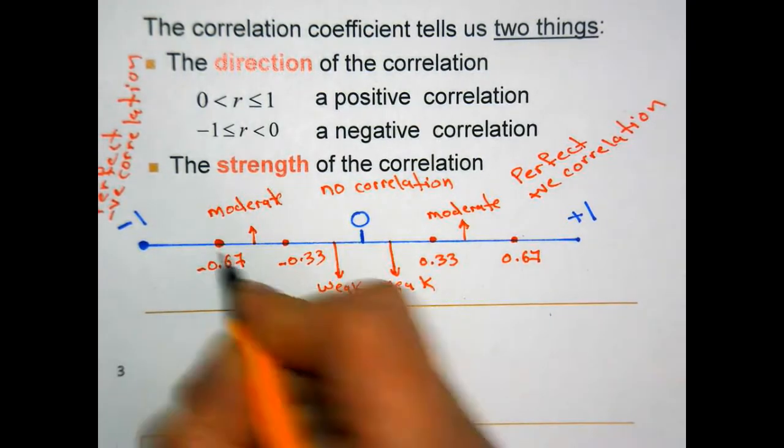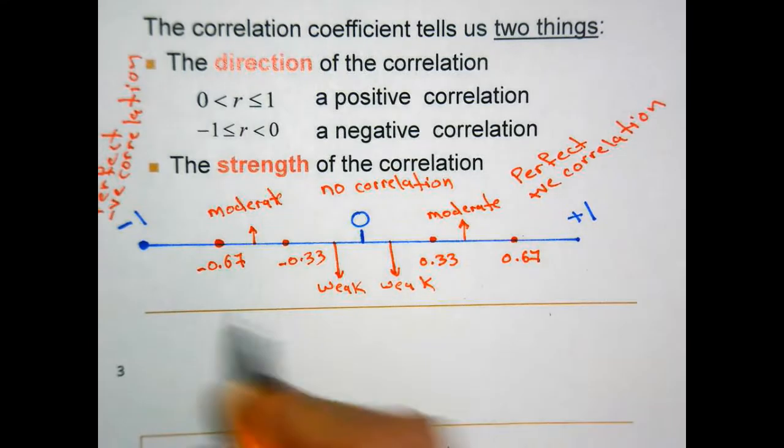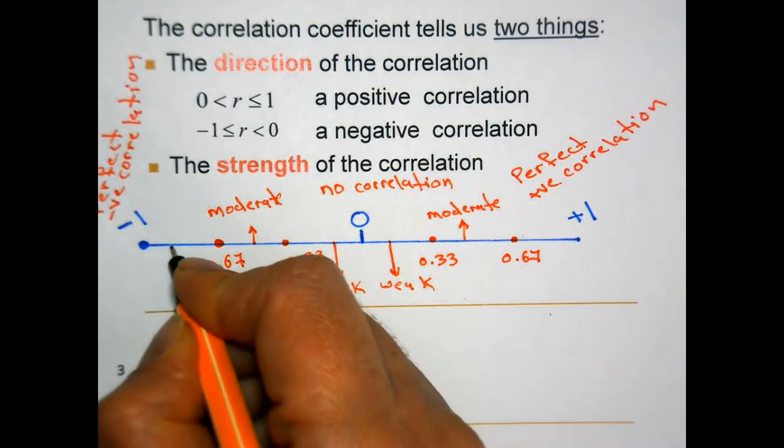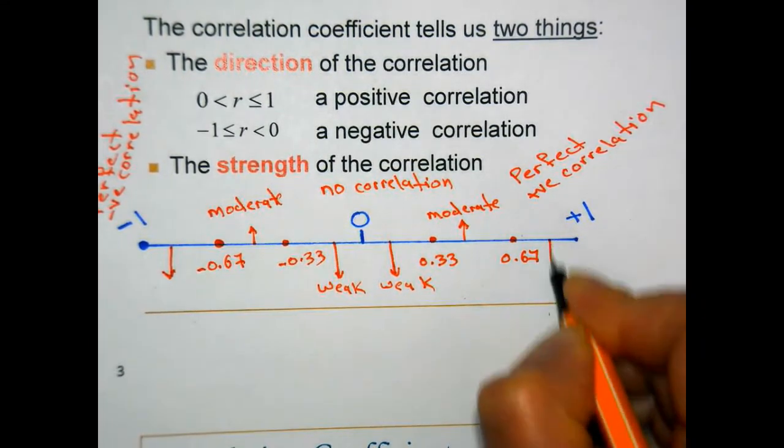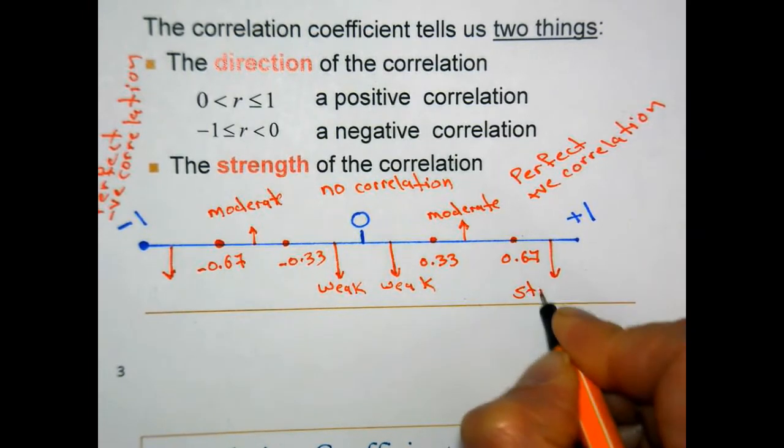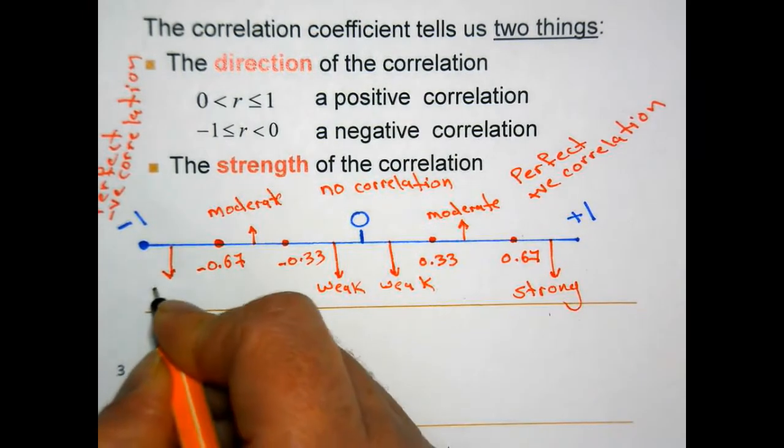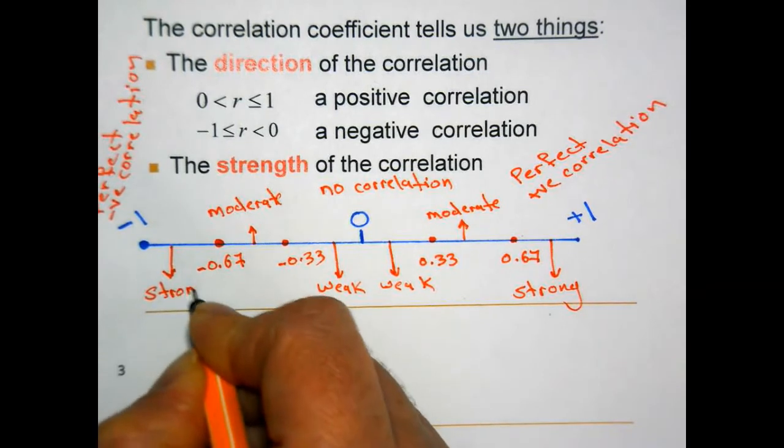And anything between 0.67 and 1 or -0.67 and -1 is going to be considered a very strong correlation.